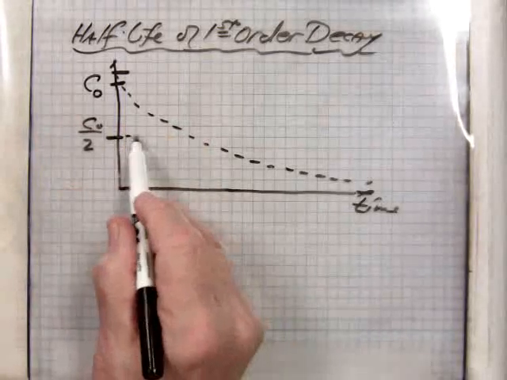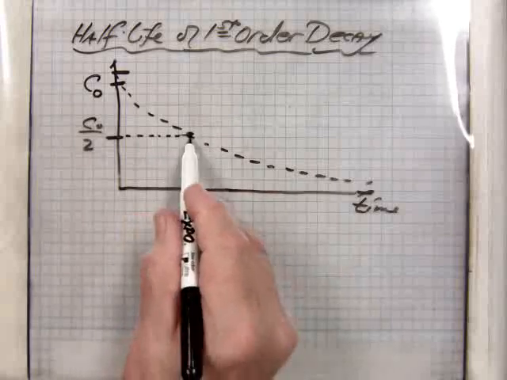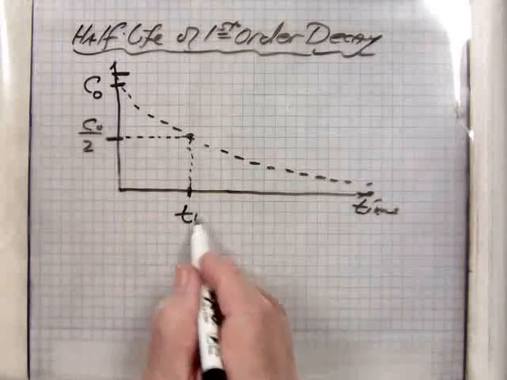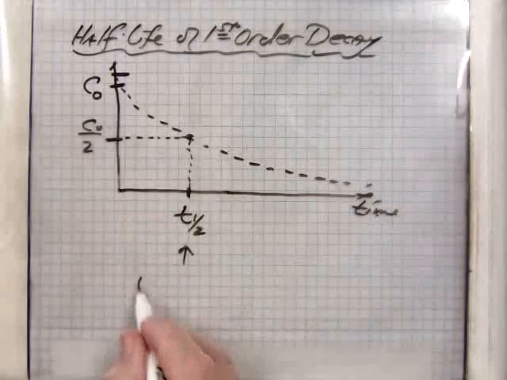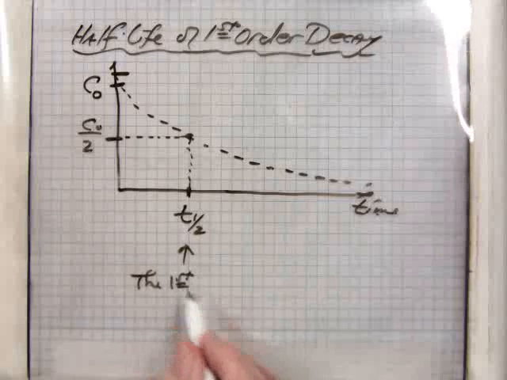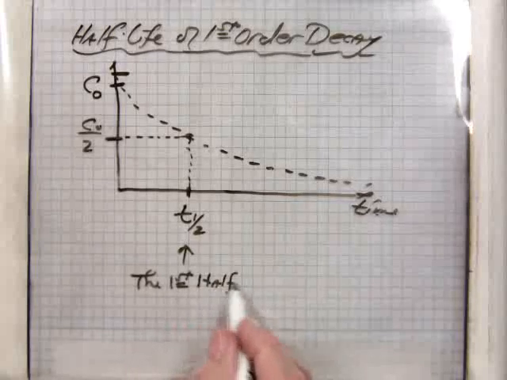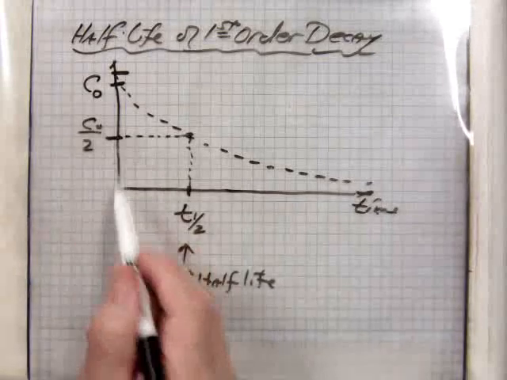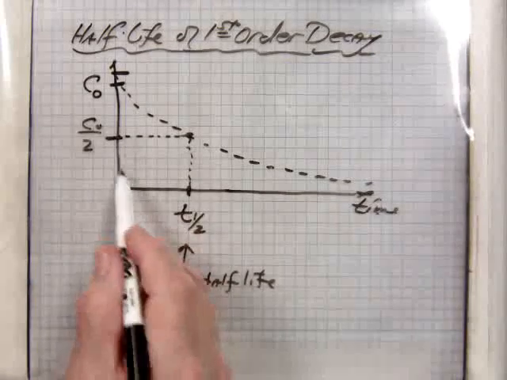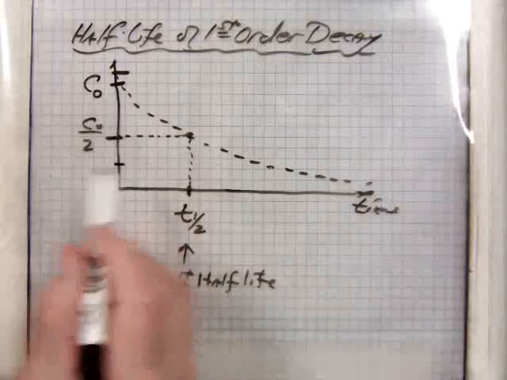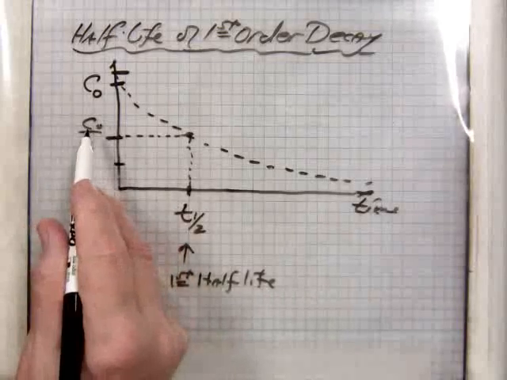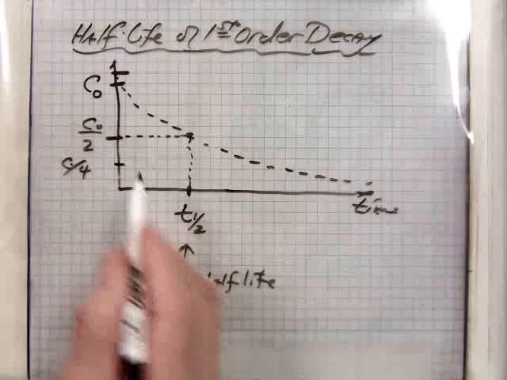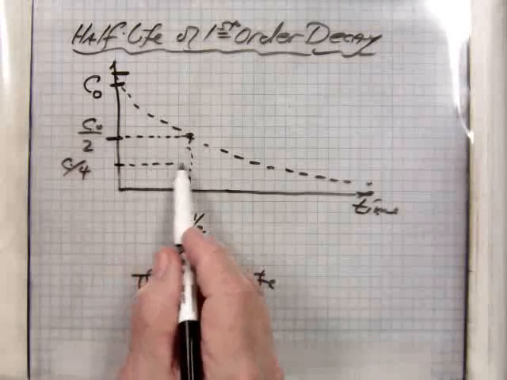And if we extrapolate to the graph and then straight down to the time axis, that's called the first half-life. Now, if we take half of the next one, that's half of the previous one. That would be C sub O over 4, and that is called the second half-life.